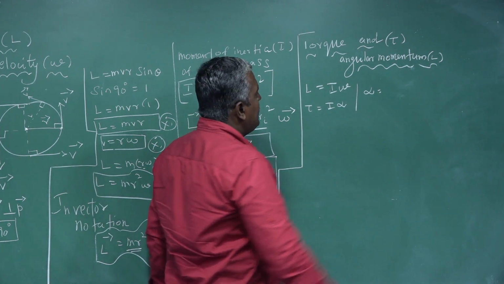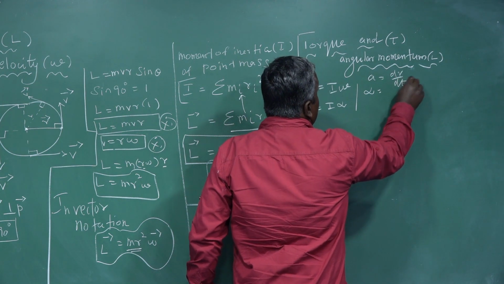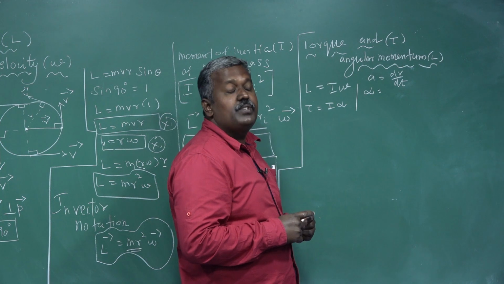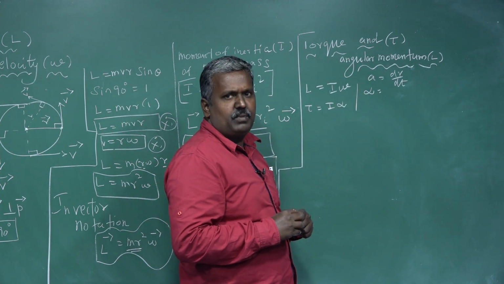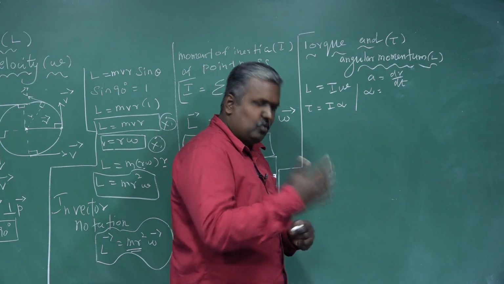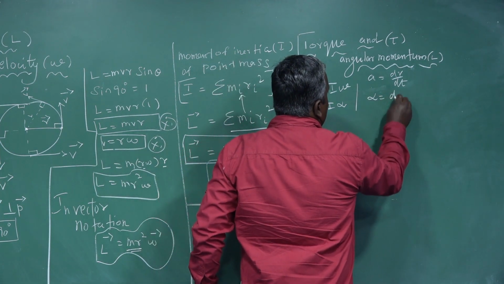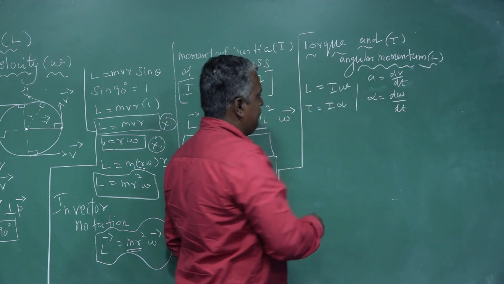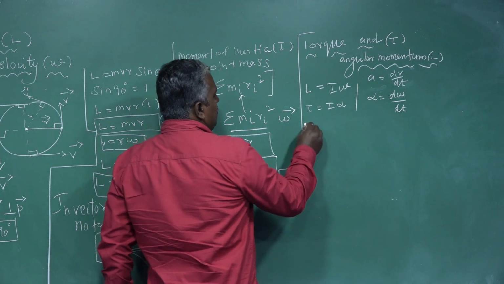Linear acceleration is the rate of change of linear velocity with respect to time. Angular acceleration is the rate of change of angular velocity: alpha is equal to d omega by dt.